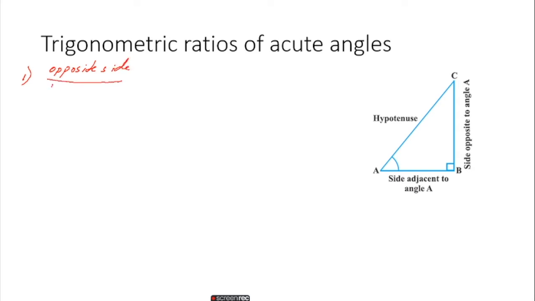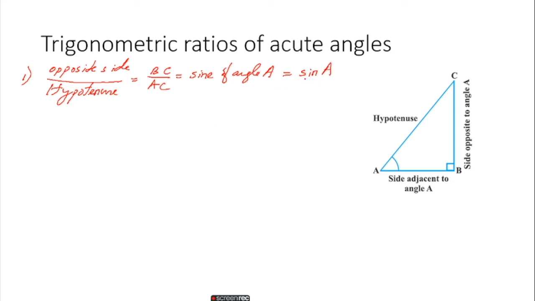So in the figure, what is the opposite side? It is BC. BC by hypotenuse AC. This ratio is called sine of angle A. And for this there is a short form, we call it sine A.